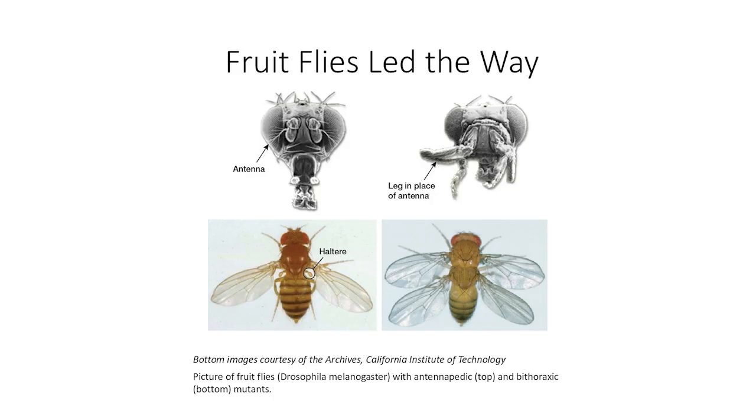The left upper image is a normal fruit fly's head. In the right upper image, a leg appendage is growing at the normal location of its right antenna. In the lower pictures, on the left, there is a whole normal fruit fly, whereas on the right, a bithoracic mutant is shown with 2 complete thoracic segments and 2 pairs of wings.